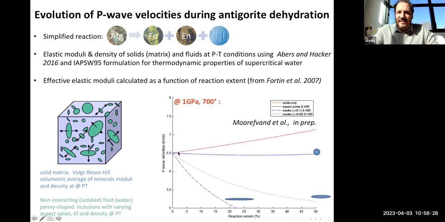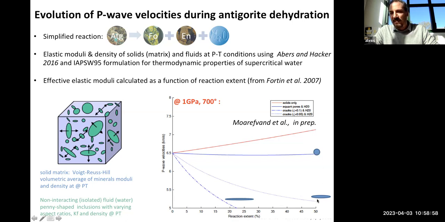And what you see is that if you were to have no fluids, obviously, the P wave velocity would increase as a function of reaction extent, because you're replacing antigorite, which has a low P wave velocity, with forsterite and enstatite, which are stiffer materials. But if you were putting the water in spherical pores, there would be no shift in velocities.